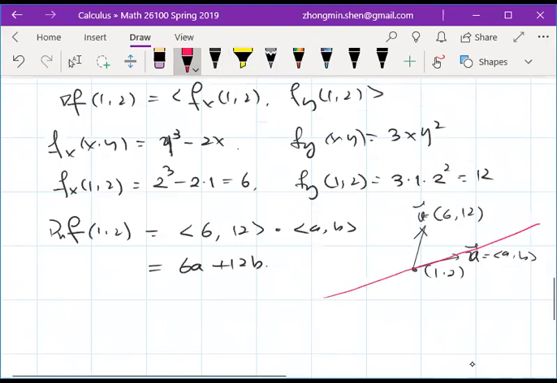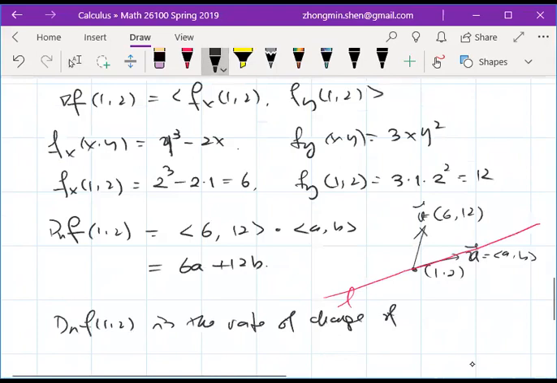Okay, so this is a line L. So the geometric meaning of the derivative is the rate of change of, let's say, z equals f of x y along the line L. Yes.